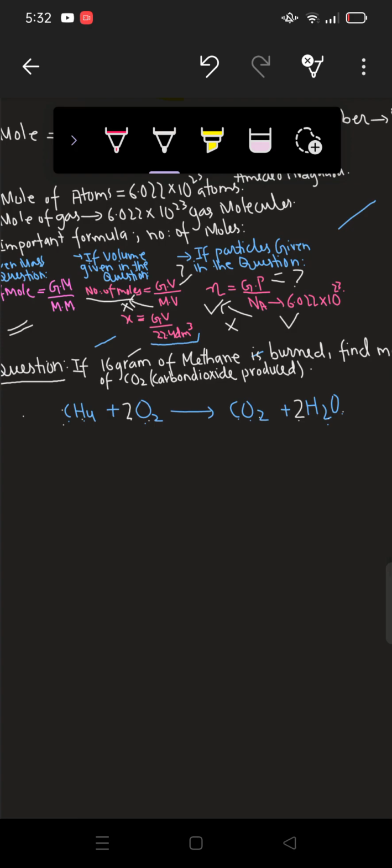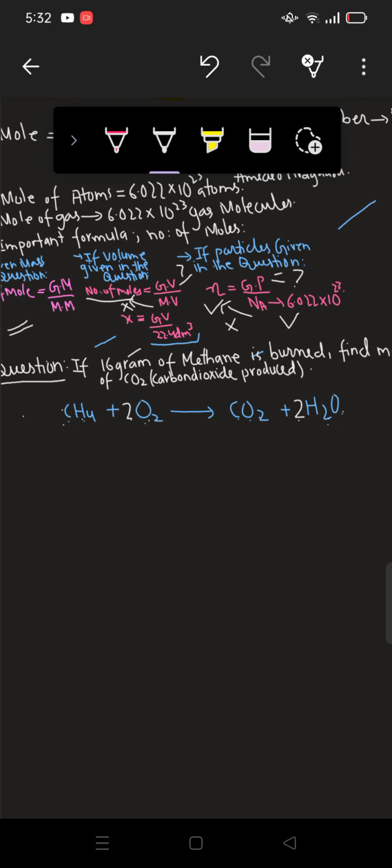Now let's read this question and try to solve what they have asked us to find by using this balanced chemical equation. The initial step is to balance the chemical equation, right? Either the examiner can give you an unbalanced equation or he can give you a balanced chemical equation as well.